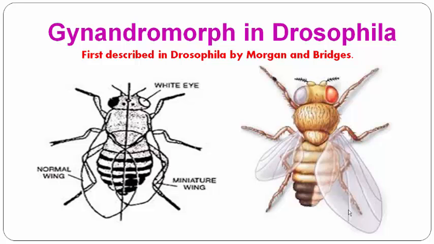So, Drosophila is showing variations in sex determination. In this part, we have seen the genic balance theory of sex determination and the production of gynandromorphs.